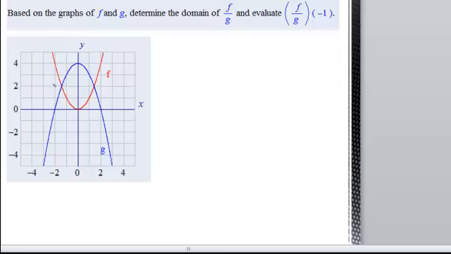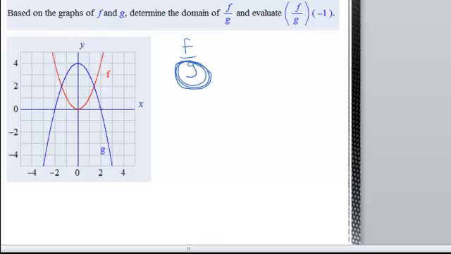So the domain of f is pretty much everything. The domain of g is also everything. So if we have f divided by g, we just need to make sure that the output of g is not 0. So at what values of x do you get an output or a y value of 0? Well, that would be on this line right here.